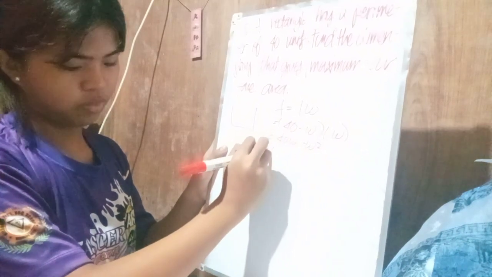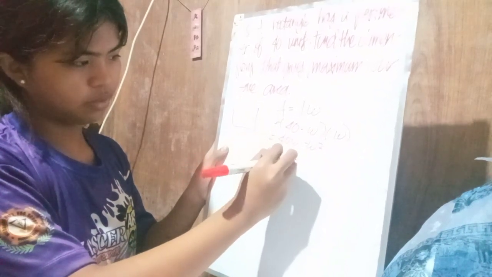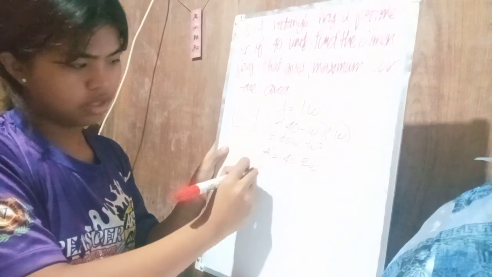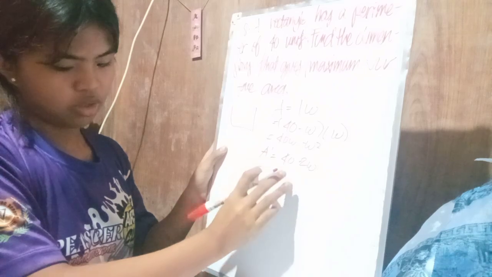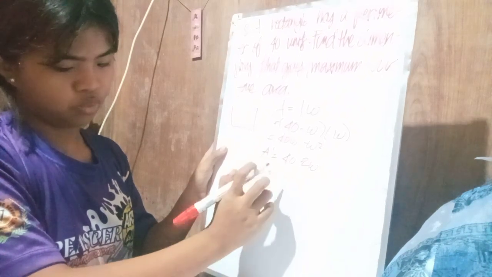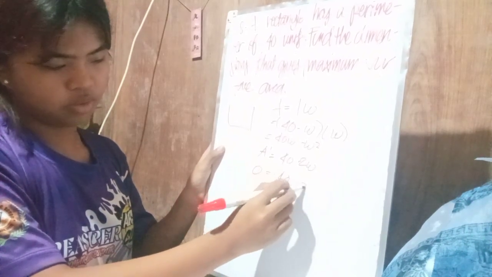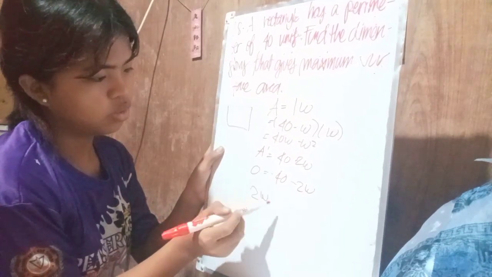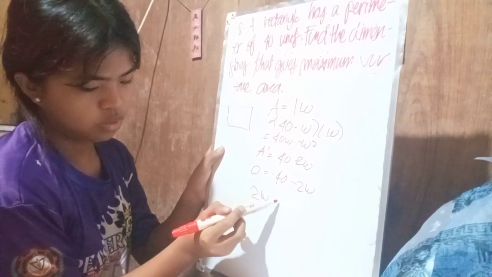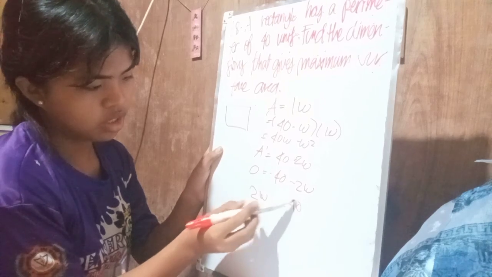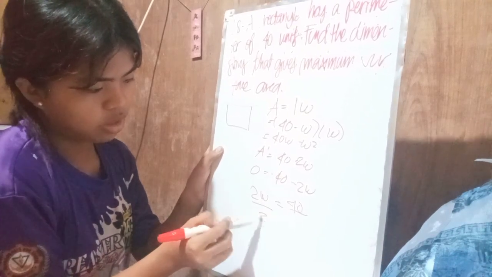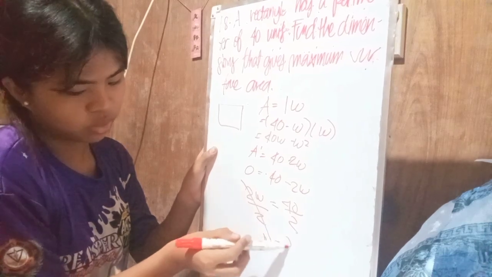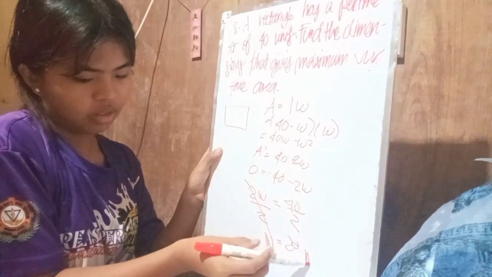So, the derivative is 40 minus 2w. After that, 0 equals 40 minus 2w, and then 2w equals 40. Divide both sides by 2, w is equal to 20 meters.